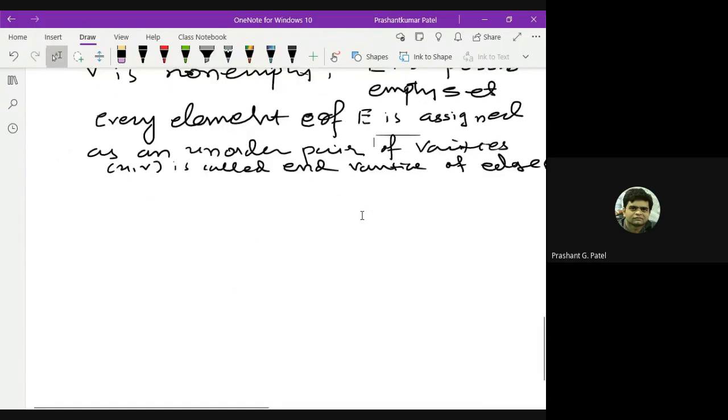I will give you an example of a graph. For example, this is a vertex. So a graph consisting of only one vertex. So this is known as a vertex. So this is a graph, I can say. This is a graph G1, I may write.